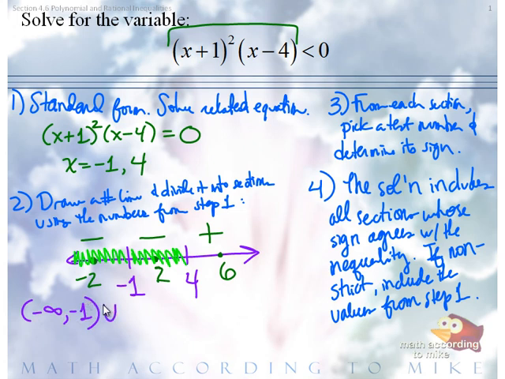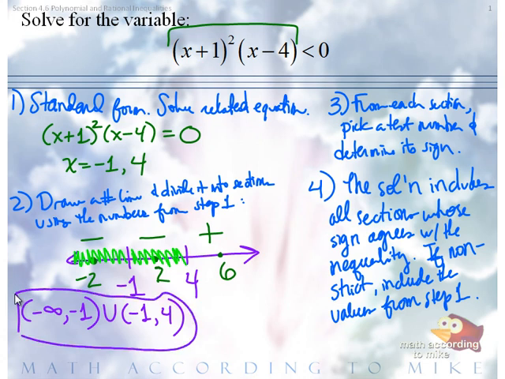Union, start it back up at -1 up to 4, parentheses. Since we have something that's strict, we can't include the numbers from step 1. So as long as you pick a number that's less than -1 or between -1 and 4, not including, you'll find the solution to the inequality.